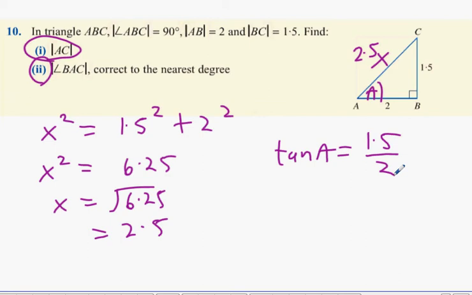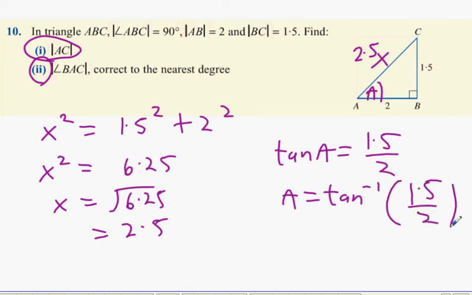Good, good. And then what do you do after that? You tan inverse it, okay? And after you tan inverse it, what result did you get, Ben? 36.8 rounds off to 37. Okay, everybody happy enough with that?